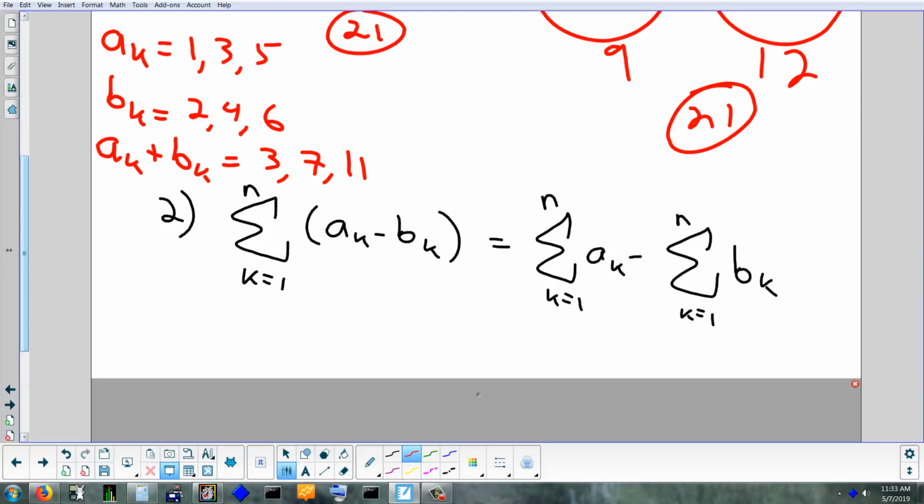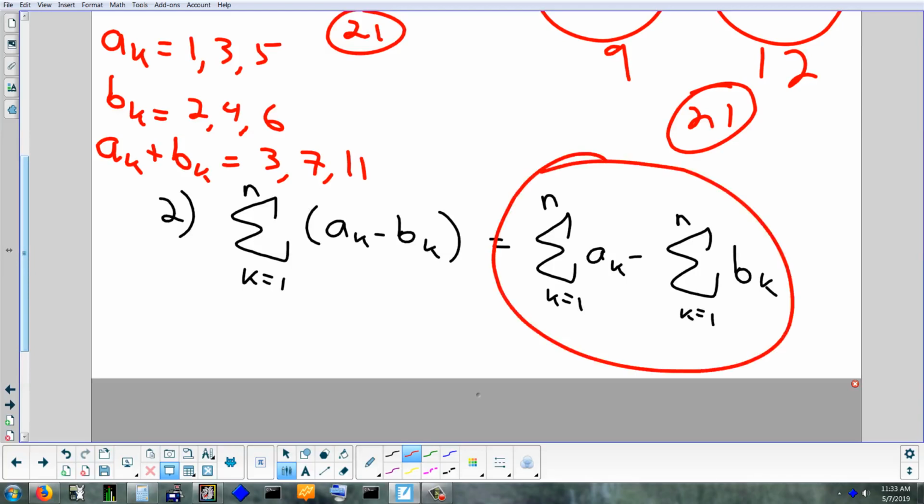Which way is more efficient? I don't know. If you don't like doing subtraction, then the second way is probably better because you don't have to do as much subtraction. Here, you add up everything, you add up everything, and you do one subtraction. Here, you're going to subtract every single term, first term from first term, second term from second. So you have to do a lot of subtractions.